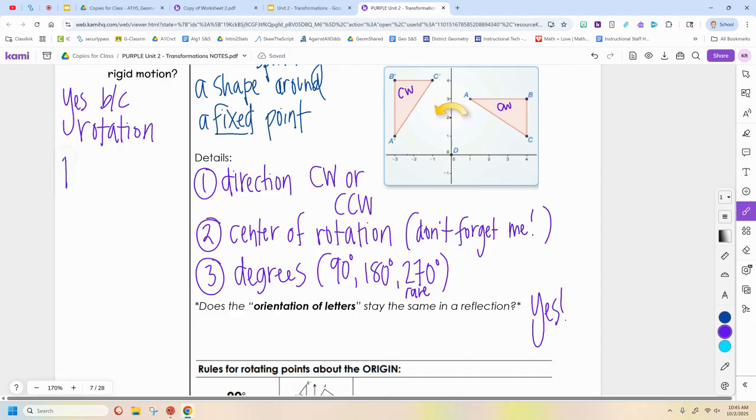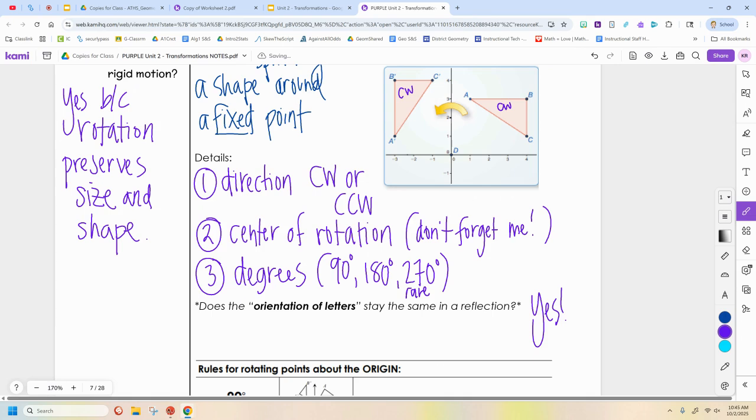Rotation preserves, the easiest thing to write down is size and shape. So that's your go-to if this is hard. It's a rigid motion because rotation preserves size and shape. You can also say preserves side length and angle measure, or you can talk about corresponding sides and angles are congruent. But this is perfectly fine.